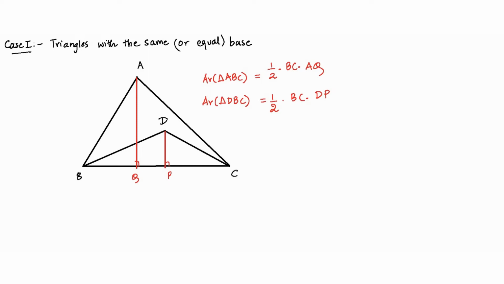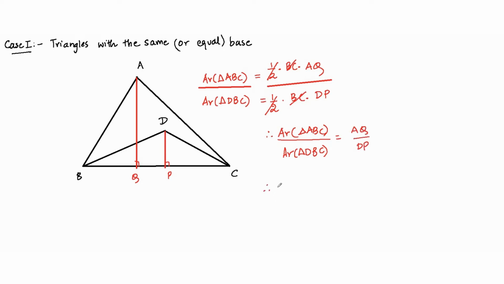So now if you take the ratios of these two areas, the half is going to cancel and BC and BC is also going to cancel. Therefore, what we get is area of triangle ABC divided by area of triangle DBC is AQ upon DP.